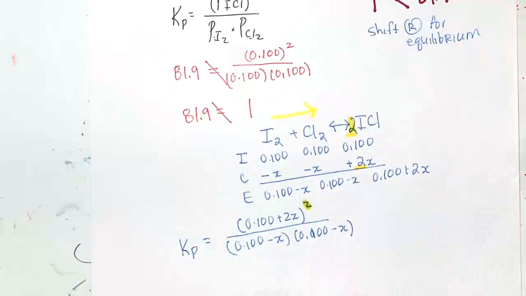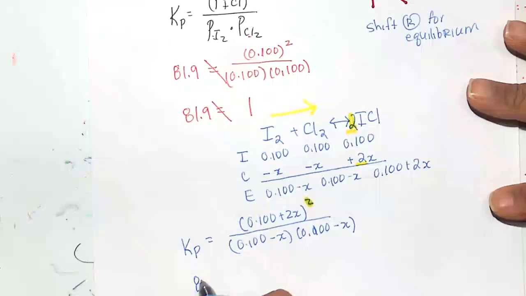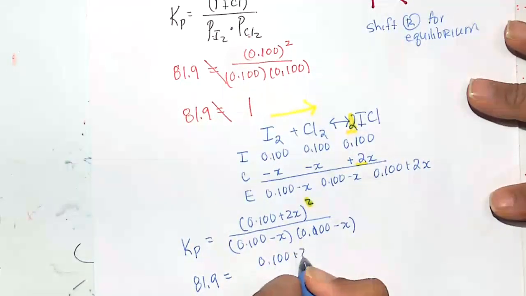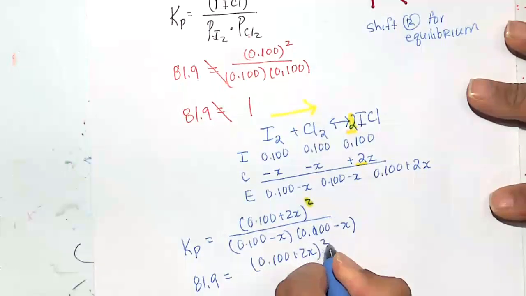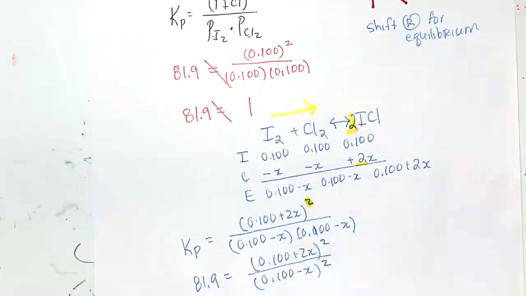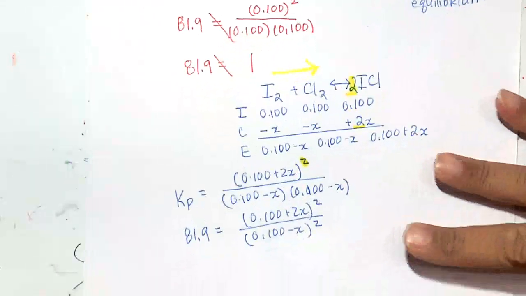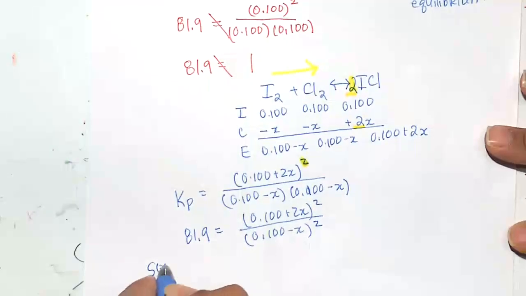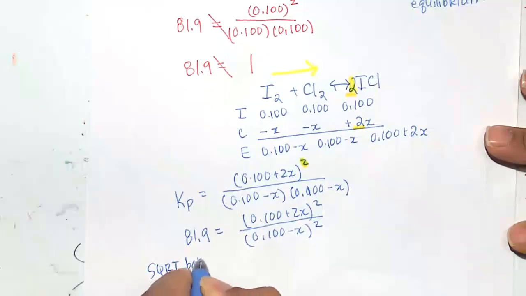Kp is given to us in this problem as 81.9. And this is going to equal 0.100 plus 2x squared divided by 0.100 minus x squared. Let's square root both sides of the equation.